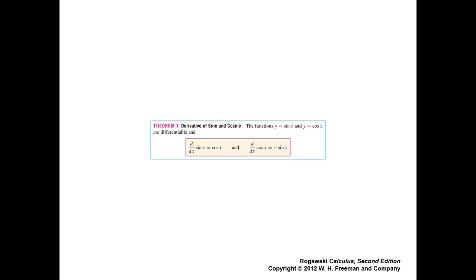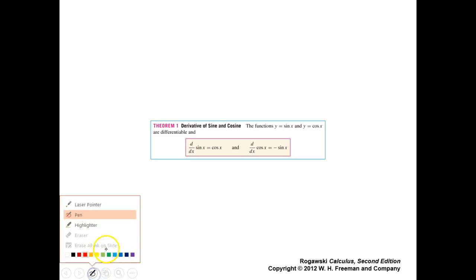So always assume you're dealing with radians. Now, before we launch into what we're about to launch into, I wanted you to remind me of something we've already done.